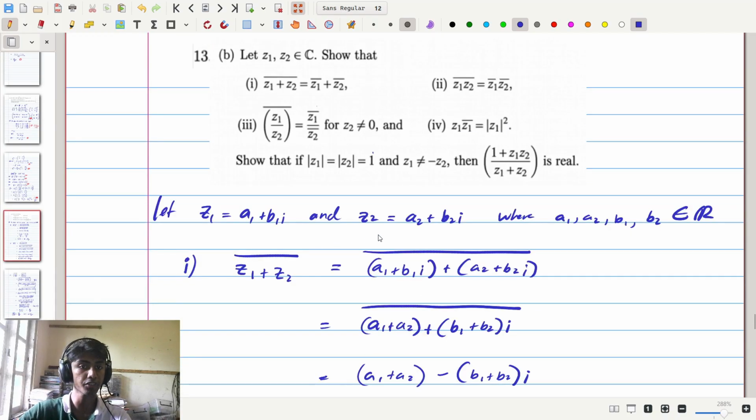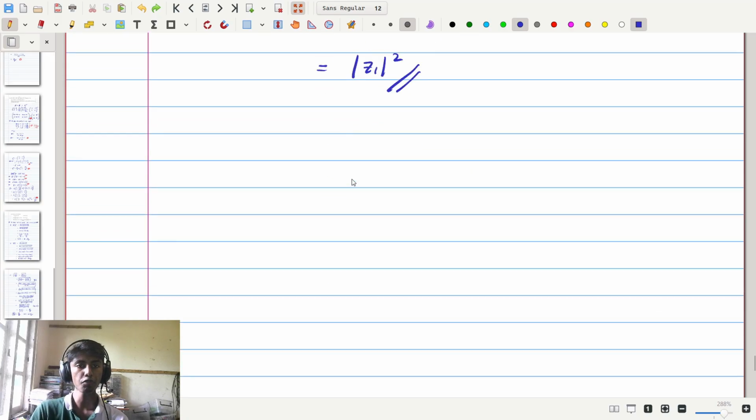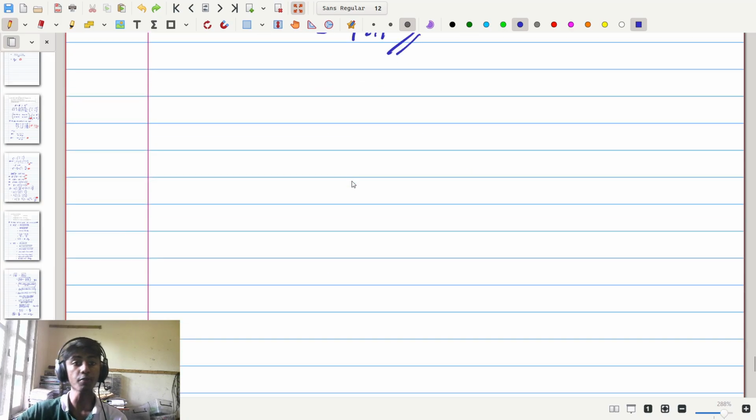Now, the question then says, show that if modulus of Z1 equals modulus of Z2 equals 1, and Z1 is not equal to negative Z2, then this whole value here is a real number. Further, what we're going to do is consider the information we're given and what we can say based on it.